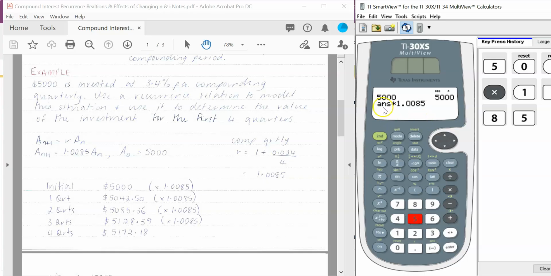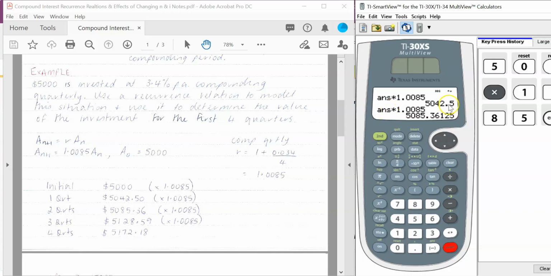I'm then going to put the times by 1.0085, and you'll notice the calculator has picked up that answer before the previous answer of 5,000 and is going to multiply that by 1.0085. When I press enter, I'm now getting this answer over here of 5,042.50. Rather than having to multiply by 1.0085 again, I can just now simply press enter.